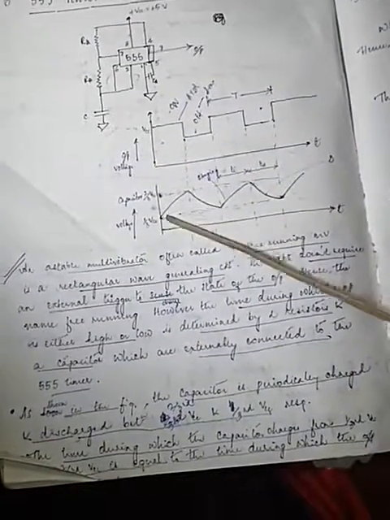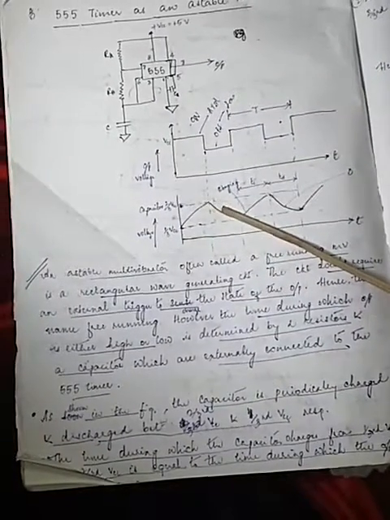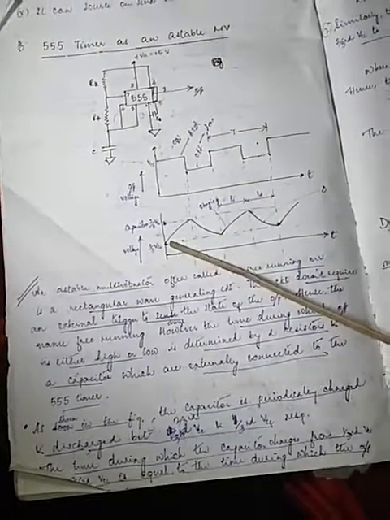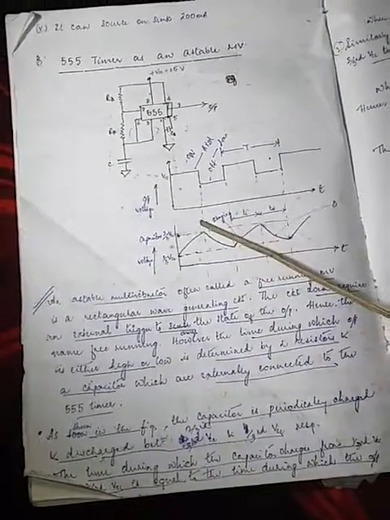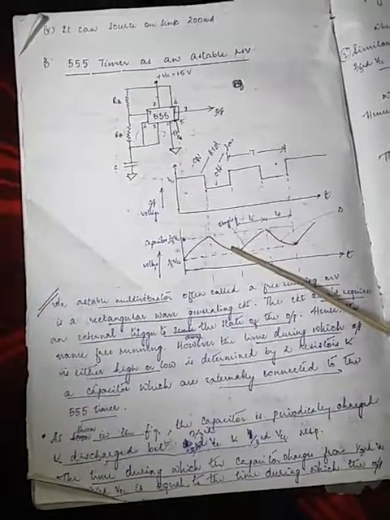One more thing you need to know is that when you give input, this is the charging time, this is the discharging time, and so on. The voltage charges from 1/3 VCC to 2/3 VCC, and discharges again from 2/3 to 1/3 VCC.